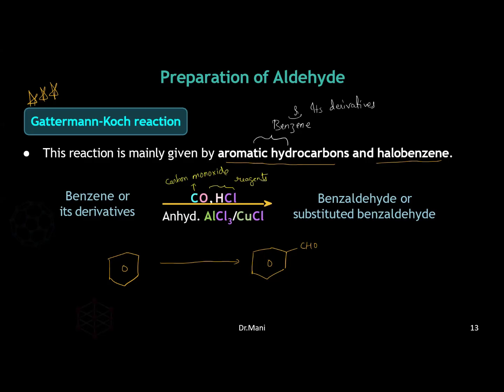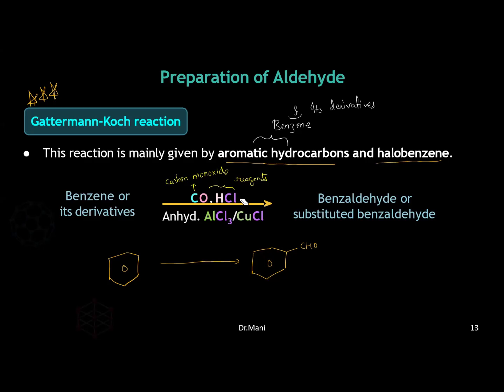If you want to know the mechanism, how it will happen. So what happened here is the carbon monoxide and HCl, they react in the presence of this aluminum chloride or copper chloride. And they will form a reactive intermediate. That intermediate is like an electrophilic species.